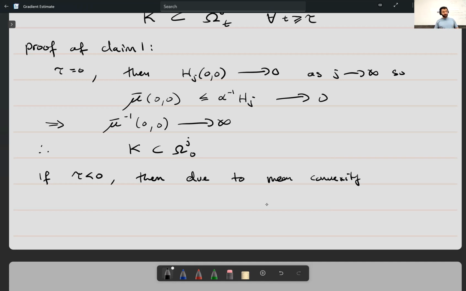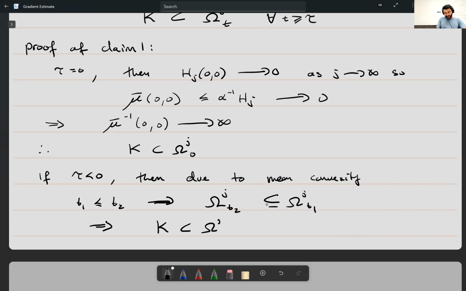If the mean curvature is always positive, it's always contracting. So whenever T1 is less than or equal to T2, I have omega J T2 is contained in omega J T1, okay? Which means that K, which is contained in omega J 0, is contained in omega J tau.